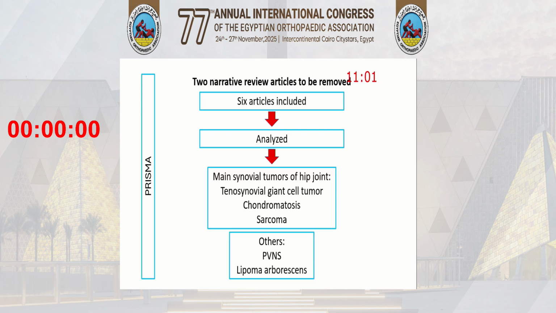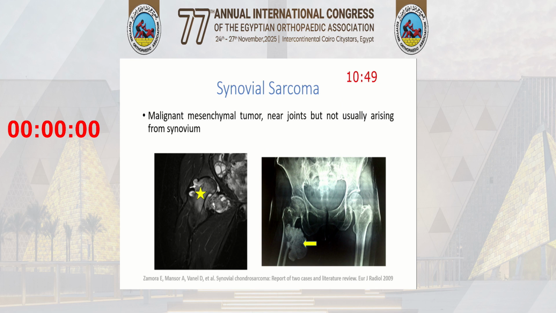The main synovial tumors of the hip joint are tenosynovial giant cell tumor, chondromatosis, sarcoma, and the others are pigmented villonodular synovitis or lipoma arborescens. Rapidly through synovial sarcoma: a malignant mesenchymal tumor near joints, but not usually arising from the synovium, with multiple epithelial differentiation.